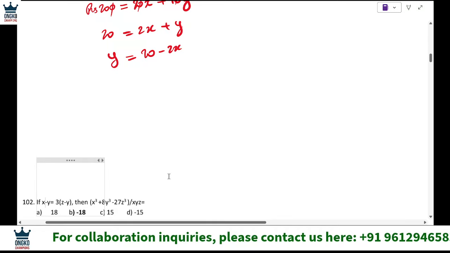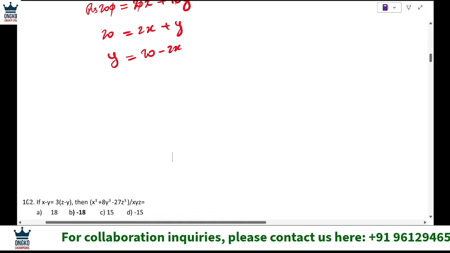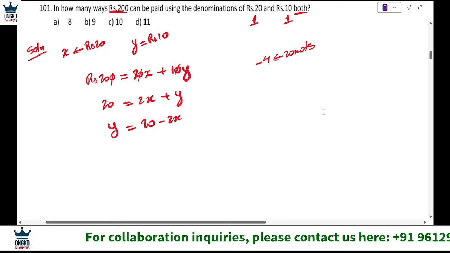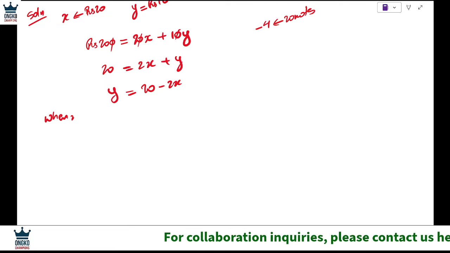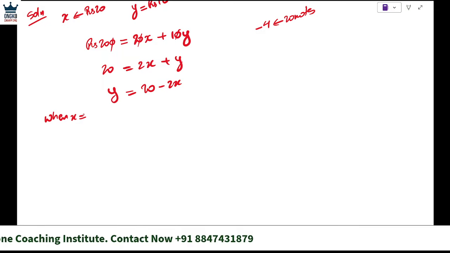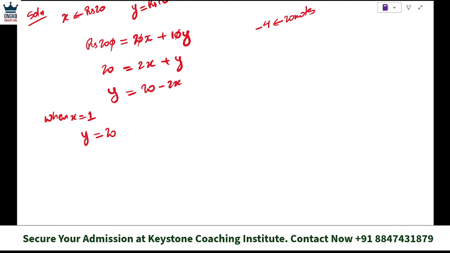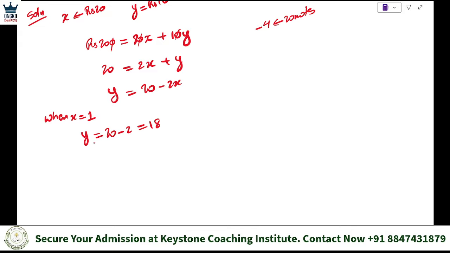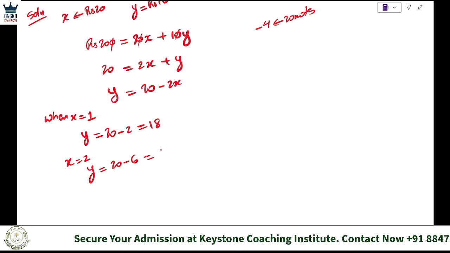Here, x cannot be 0 because a minimum of one is needed. So take x as 1. y is equal to 20 minus 2 into 1, which gives us 18. Let's say x is 2. Then 20 minus 2 into 2 will give us 16.